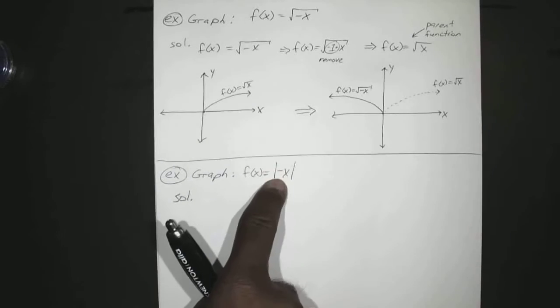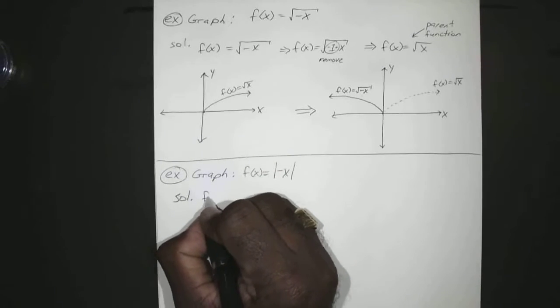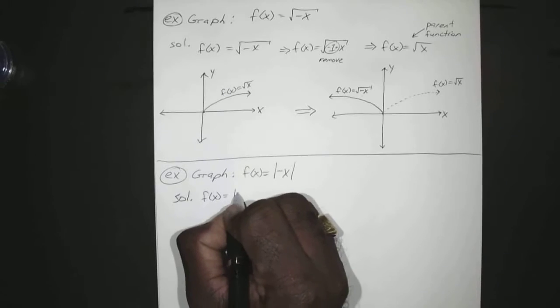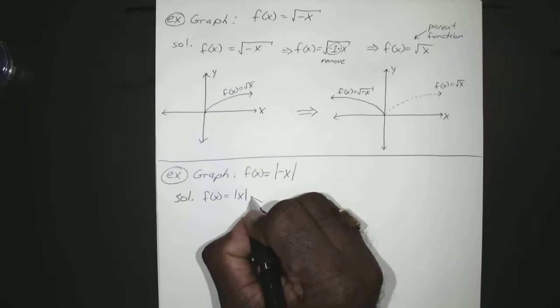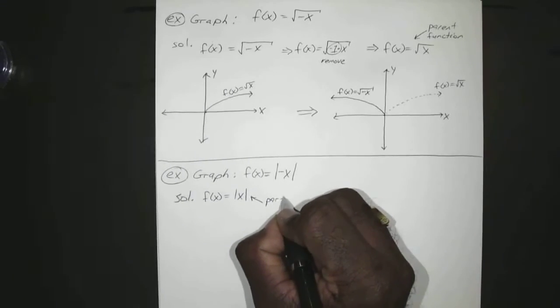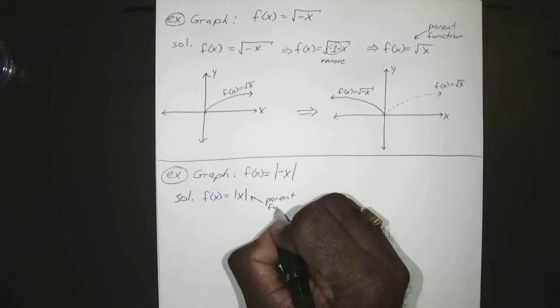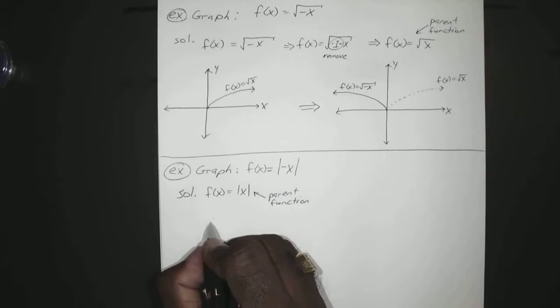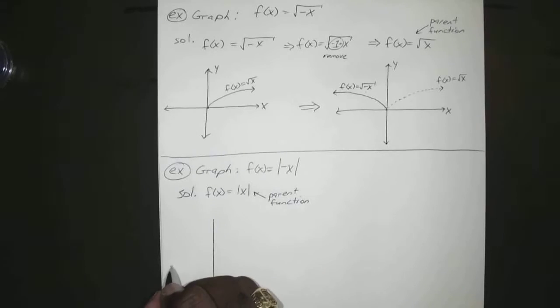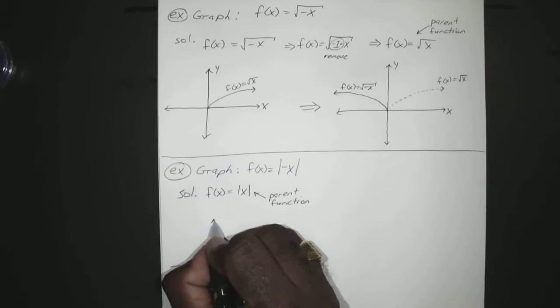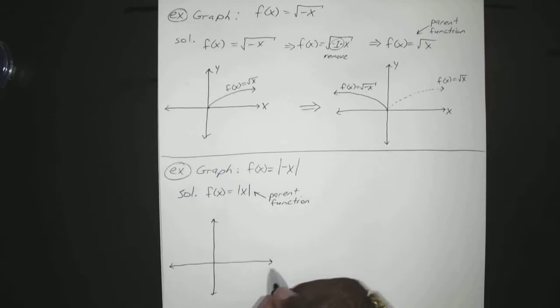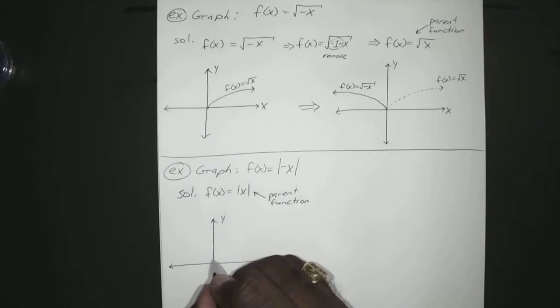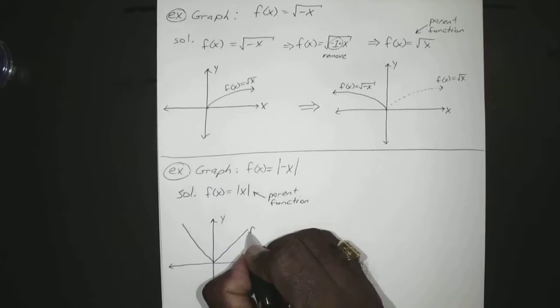Okay, so we know if you got rid of that negative 1, f of x equals absolute value of x is your parent function. Okay, so if we graph that, you have your x and you have your y, and your absolute value of x is nice and neat and looks like that.